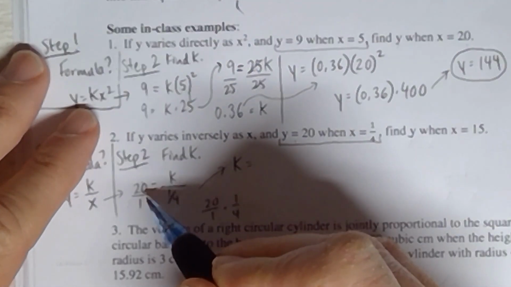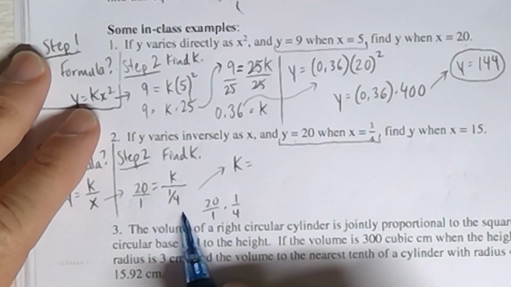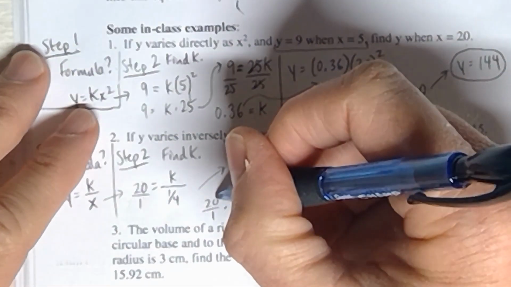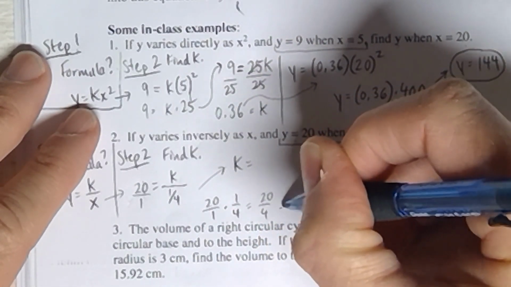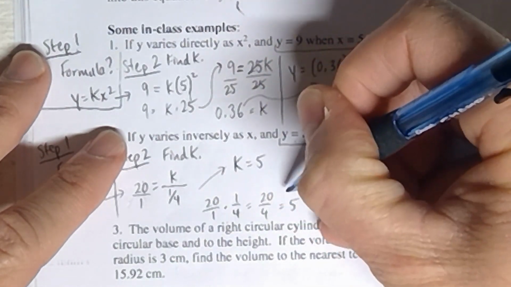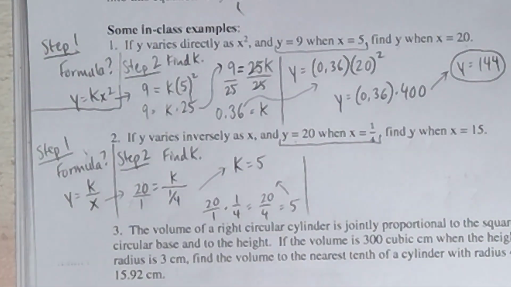Anytime you multiply a regular number, 20, which is not a fraction, times a fraction, you make the 20 into a fraction so you can multiply by the other fraction. And as we know now, that's going to be equal to 20/4, which is 5, isn't it? And so that means that k is equal to 5. So now we know what our k is.